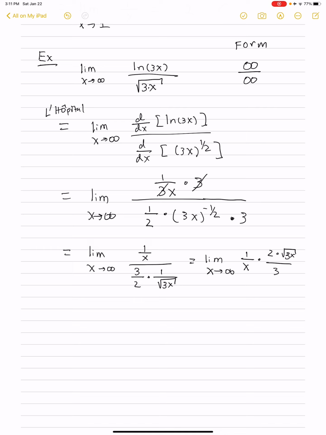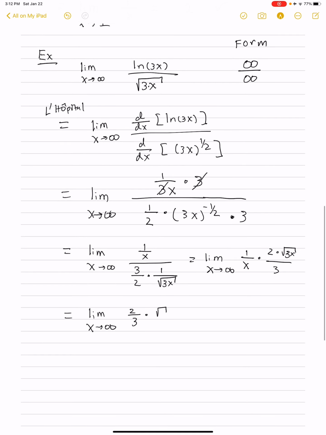Okay. I think that this will simplify to this limit as x goes to infinity of 2/3 multiplied by root 3 times root x over x. And by the way, 3 can be written as root 3 squared.